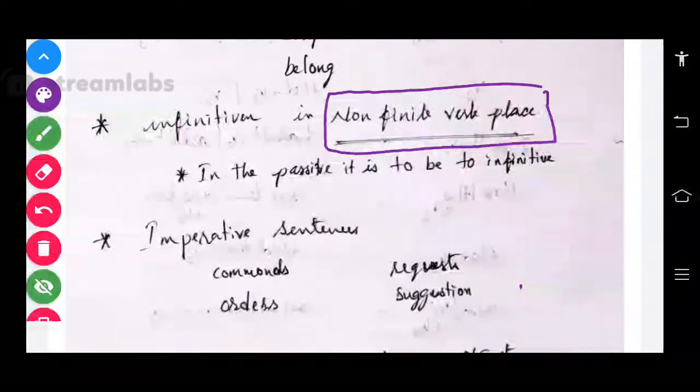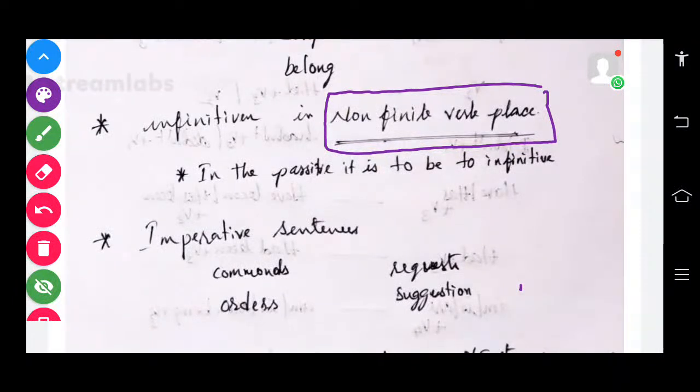Sometimes in a sentence there might be two finite verbs when it comes to a compound sentence. But when it comes to complex sentences and simple sentences, these would be different, right?